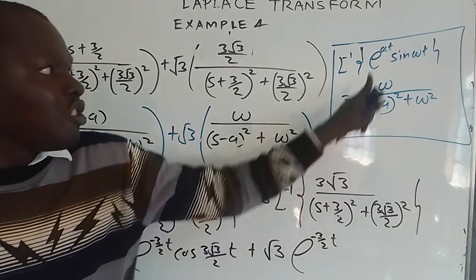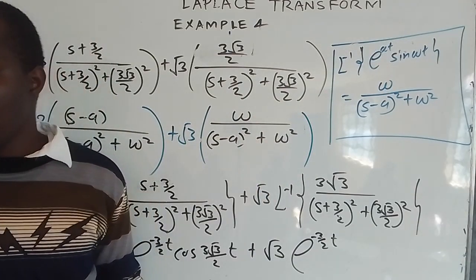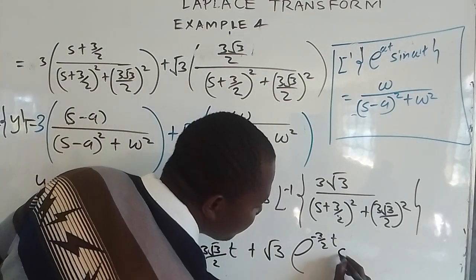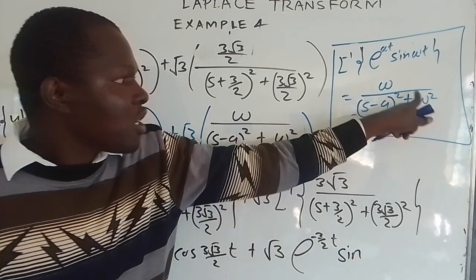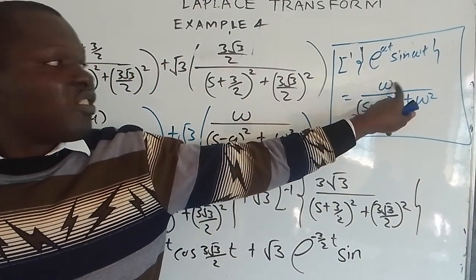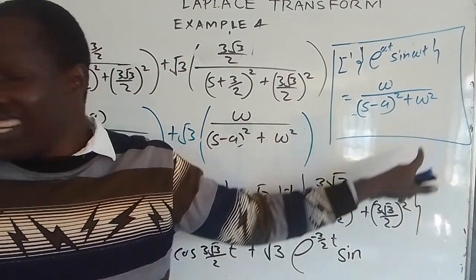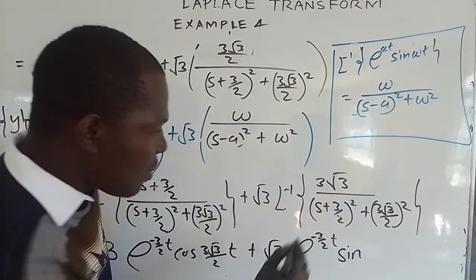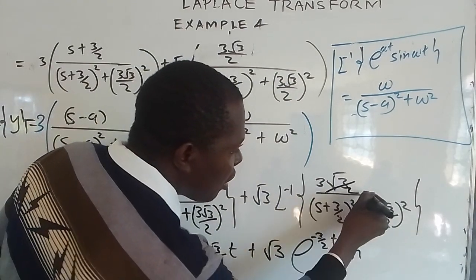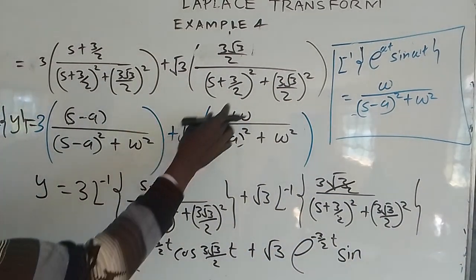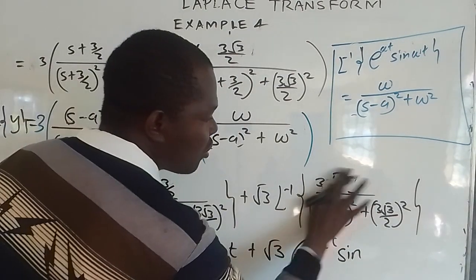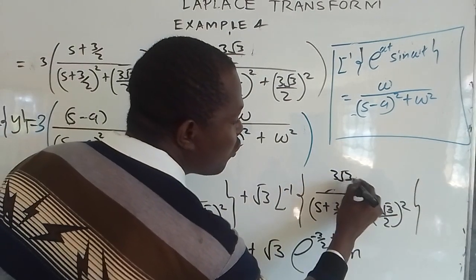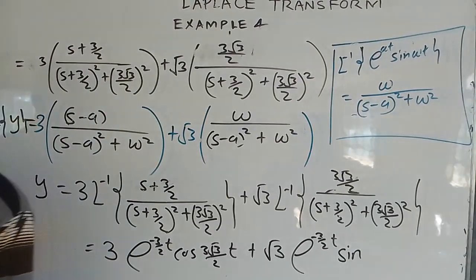So you now have exponential AT, then sine WT. What is W? W is what is in the numerator, or what is in the S squared term. So what is that term? This term was root 3 over 2, it was over 2. So don't forget that. Even if you forget, you will always see where the problem is and correct it, isn't it?